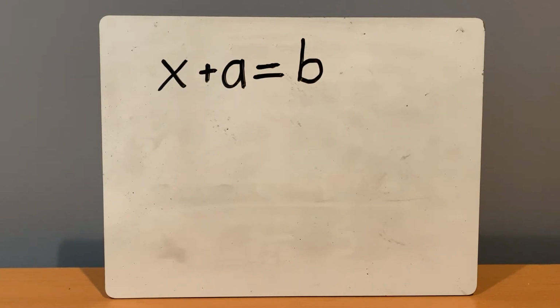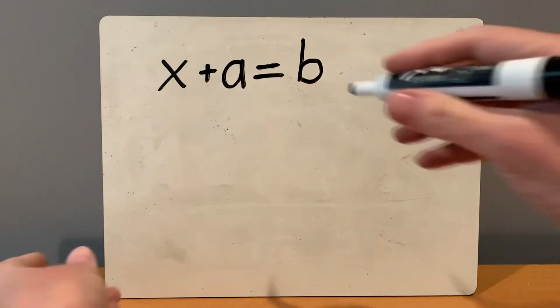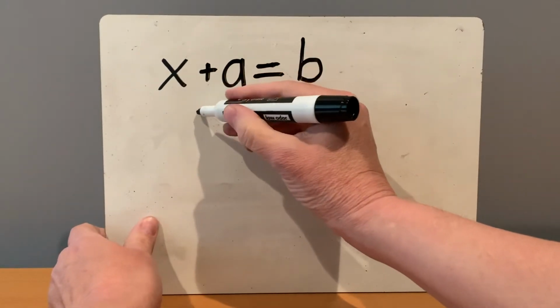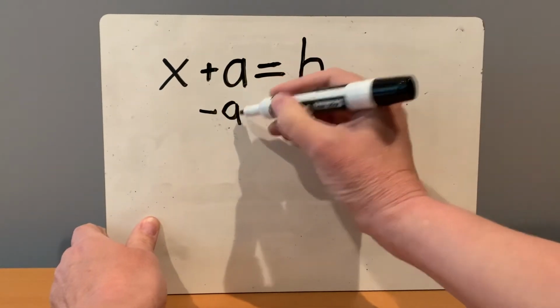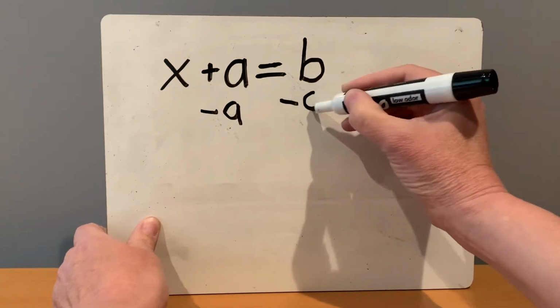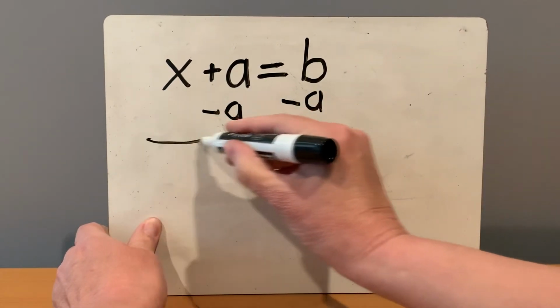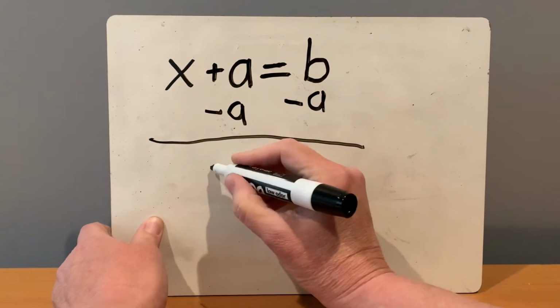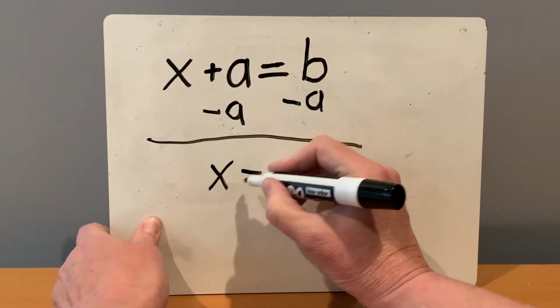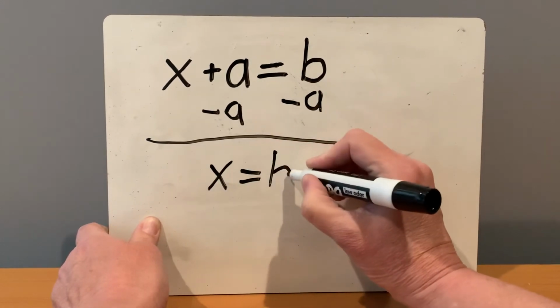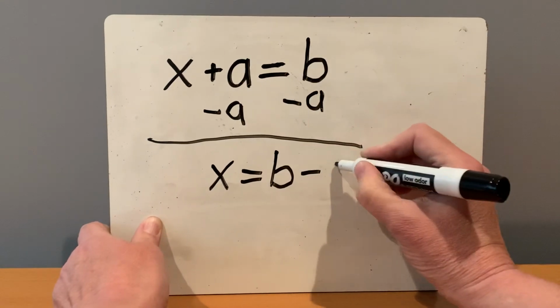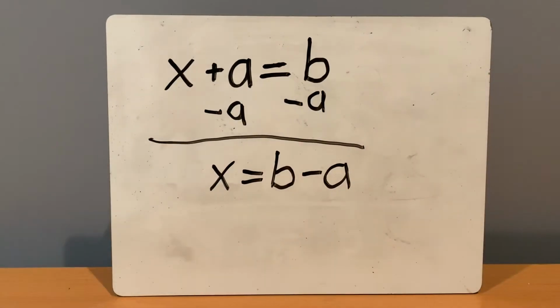Now we do this by adding a negative A to both sides. And when we do that, we will find that X equals B minus A.